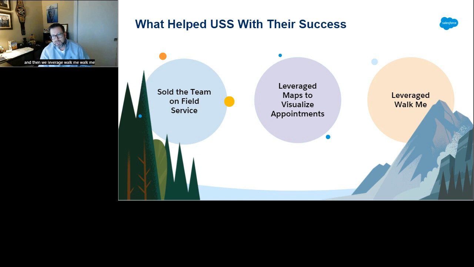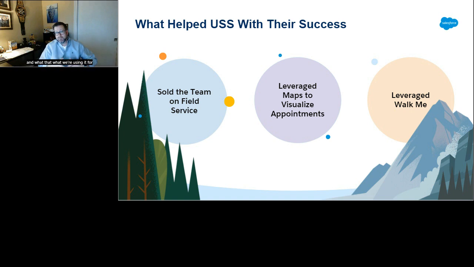Right. And then we leverage WalkMe. WalkMe is another company that's much more in the training space. It's almost like a follow the bouncing ball type of learning. It walks you through all the steps in needing to do a very specific item within Salesforce Field Service.